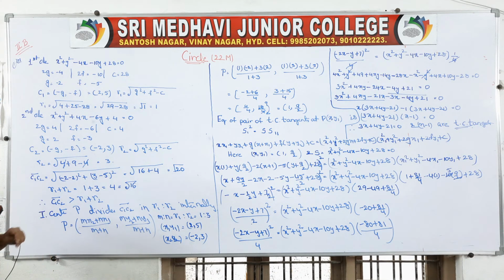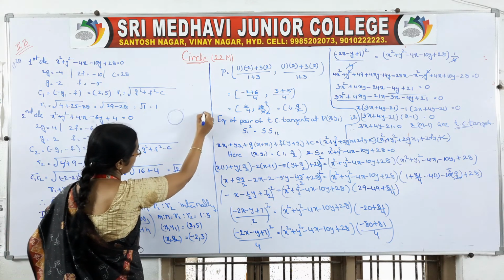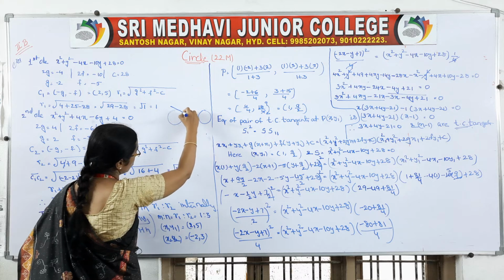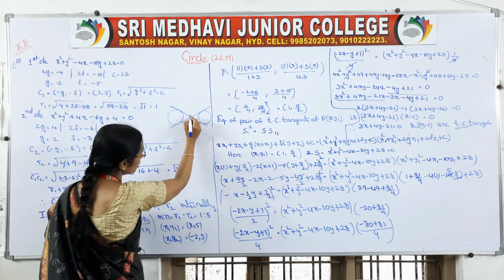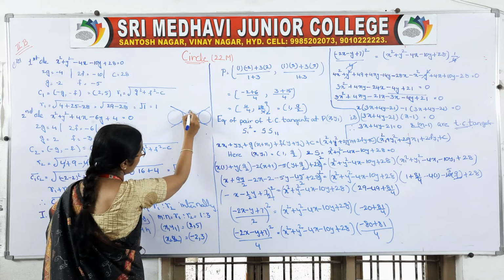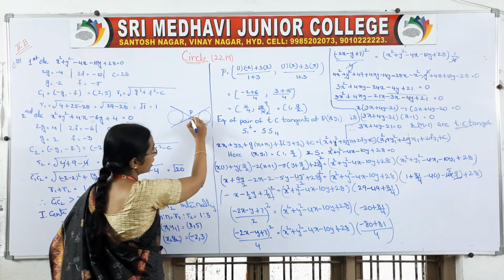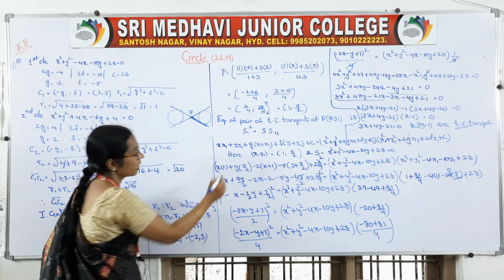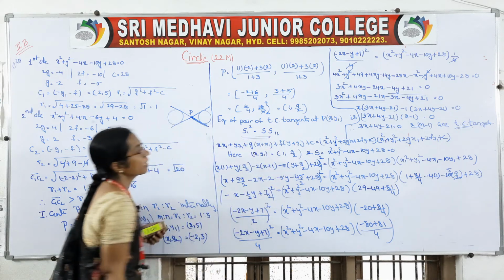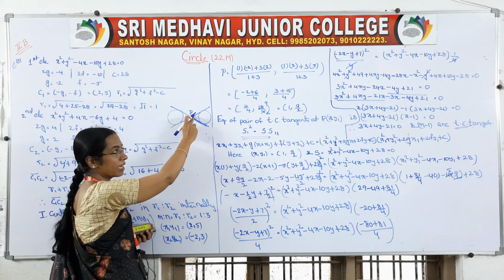Once you have the internal center, these are the circles, and these are called the transverse common tangents. We got this point P. At this point P, if we want to find the tangents, the formula is this one, to get the pair of tangents at the point P (x1, y1).